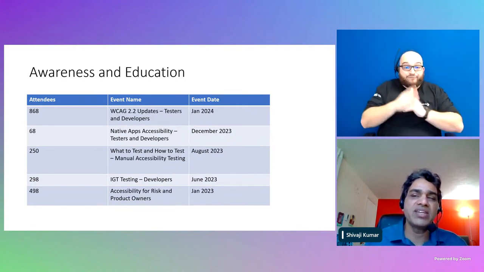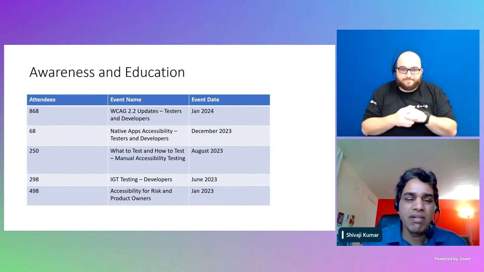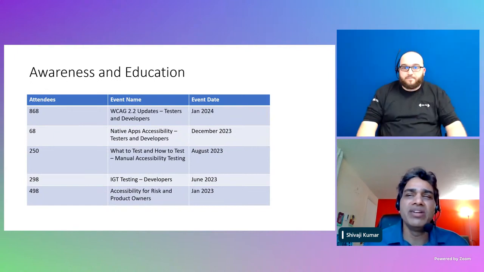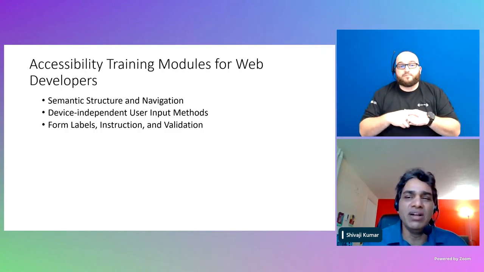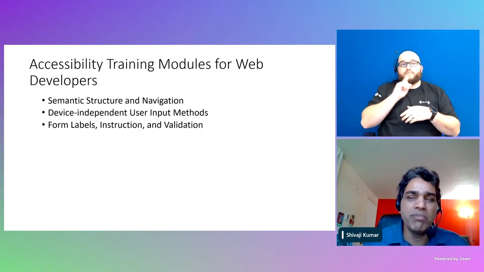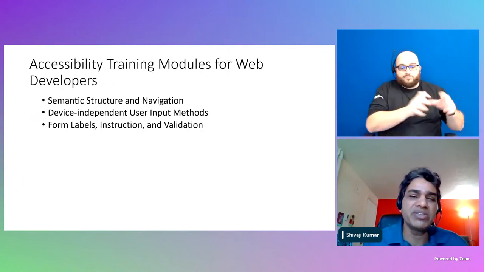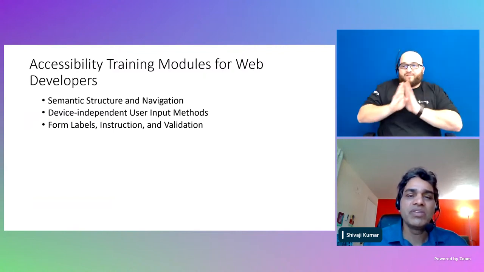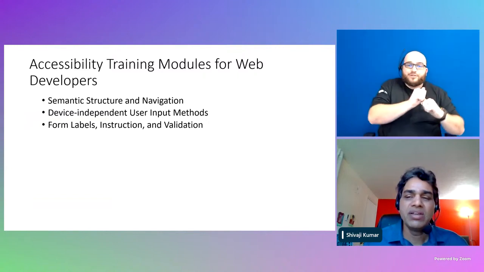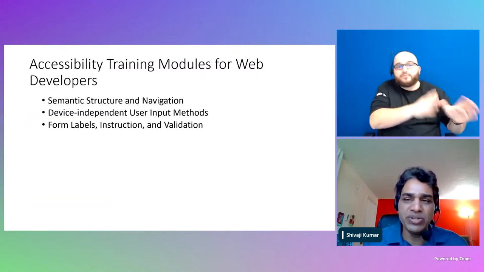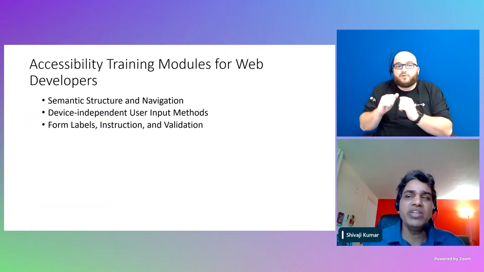So the next components of our approach. I'm on slide number 9. These are some of the modules we recommend for our web developers: semantic structure and navigation, device-independent user input, form label, and things like that.